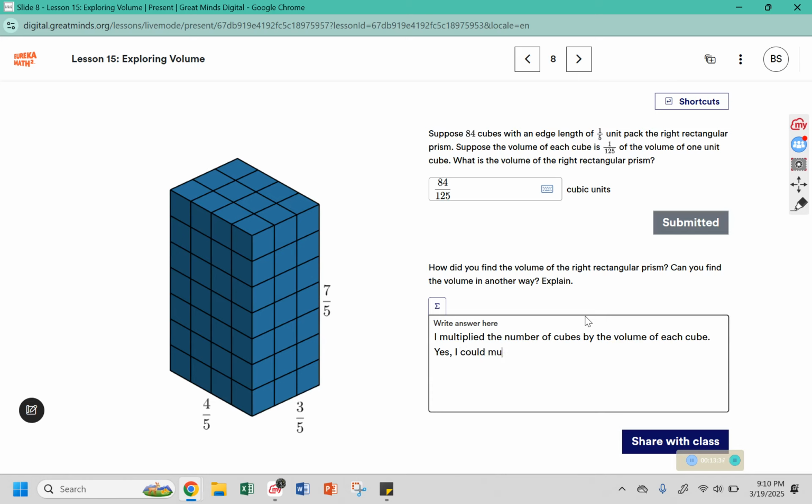I could multiply 4/5 by 3/5, and then that would give me the bottom level. And then I could multiply that answer by 7/5 for the height.